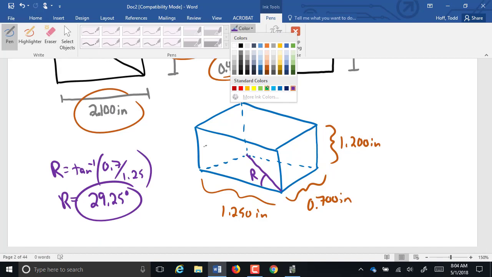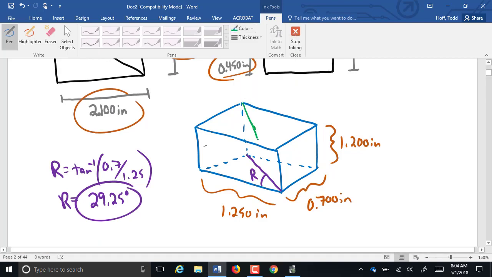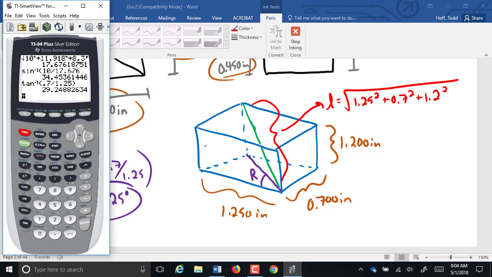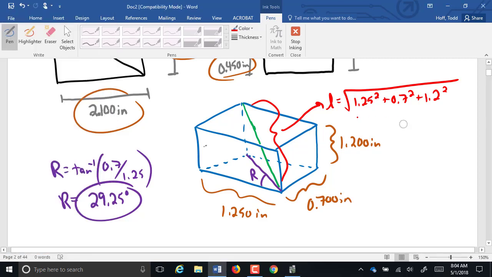Now then, to find my tilt, I'm going to find the length of that first. That length will be the square root of 1.25 squared plus 0.7 squared plus 1.2 squared. 1.869 inches.